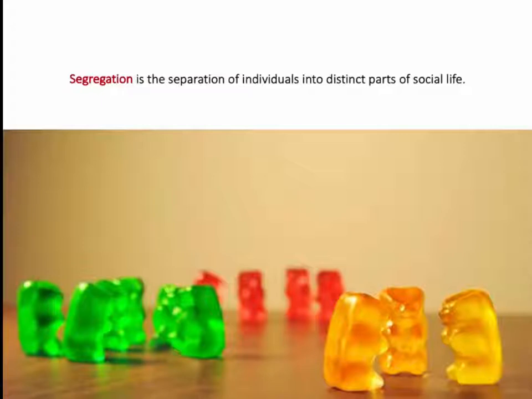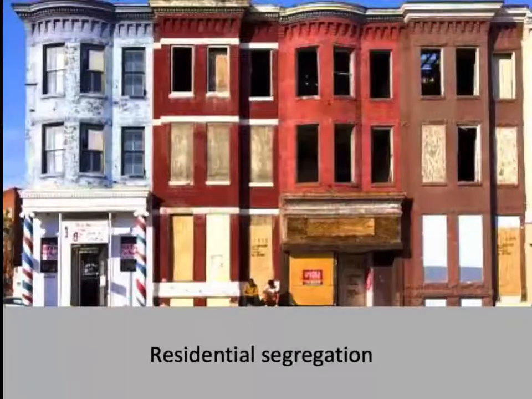Segregation is the separation of individuals into distinct parts of social life. That can be very different; it is a relatively broad, abstract definition, but let's fill it with life. It could be residential segregation, certain ethnic groups living in certain neighborhoods, and I'm telling you a little bit about my own work, where we looked at that in Stockholm.